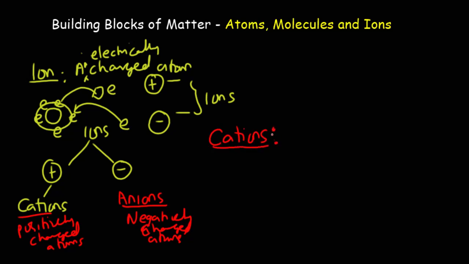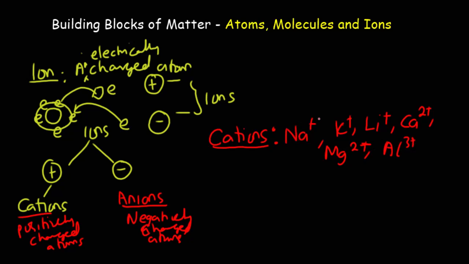Examples of cations are atoms that can lose electrons. So sodium can lose one electron. So sodium positive, potassium positive, lithium positive, and we can also talk of calcium 2 positive, magnesium 2 positive, and aluminium 3 positive.